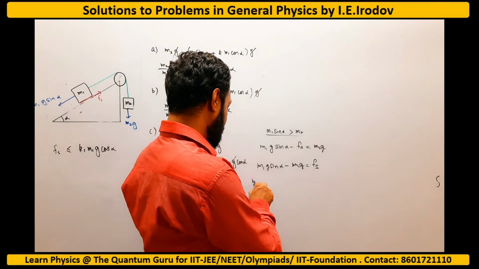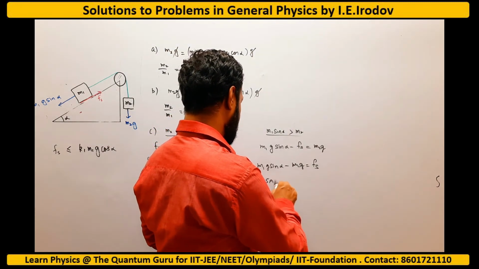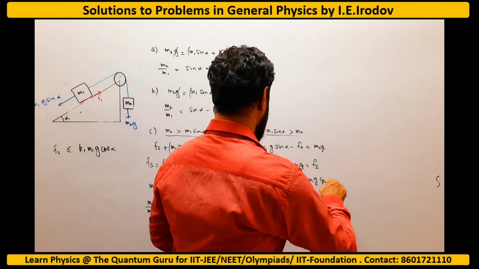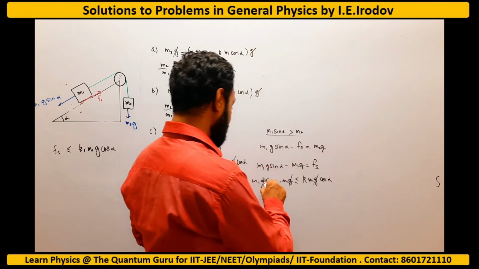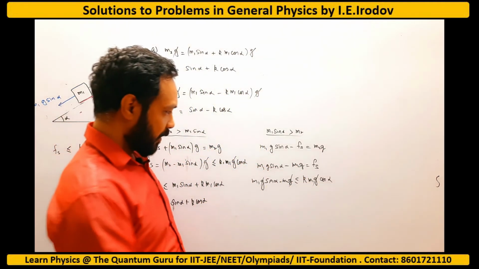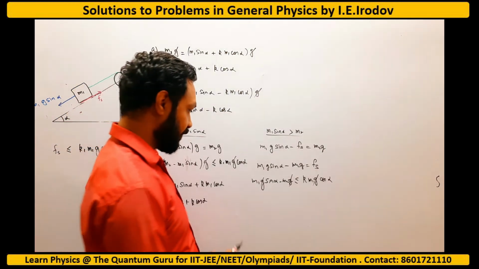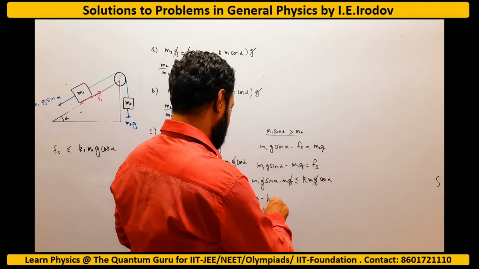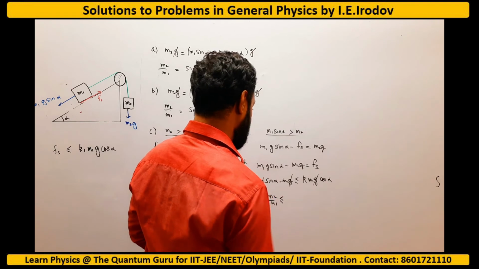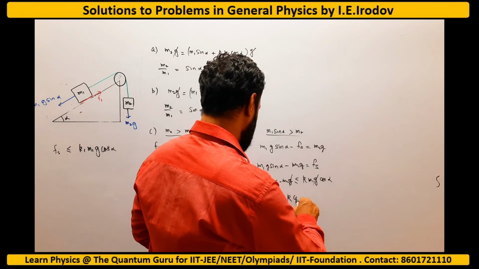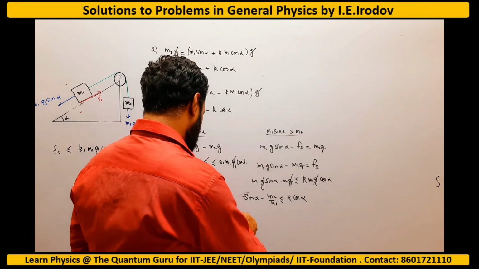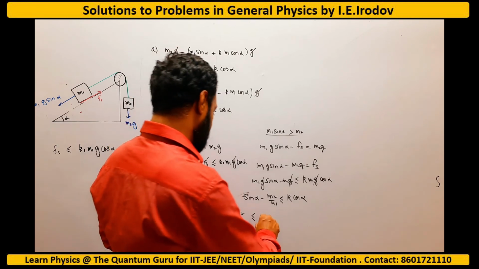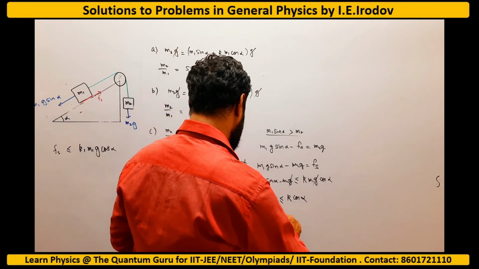So writing this value of fs, we'll get m1g sin alpha minus m2g less than or equal to k m1g cos alpha. g will get cancelled on both sides, and then divide both sides by m1. So sin alpha minus m2 by m1 is less than or equal to k cos alpha. So we get the value m2 by m1 is greater than or equal to sin alpha minus k cos alpha.